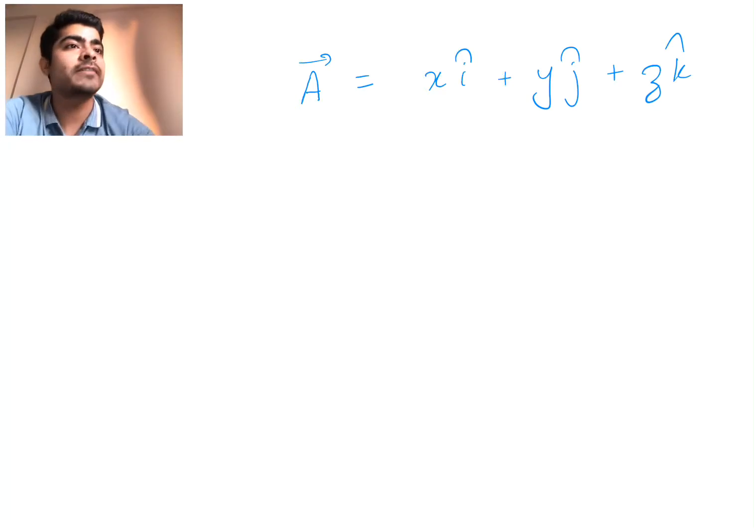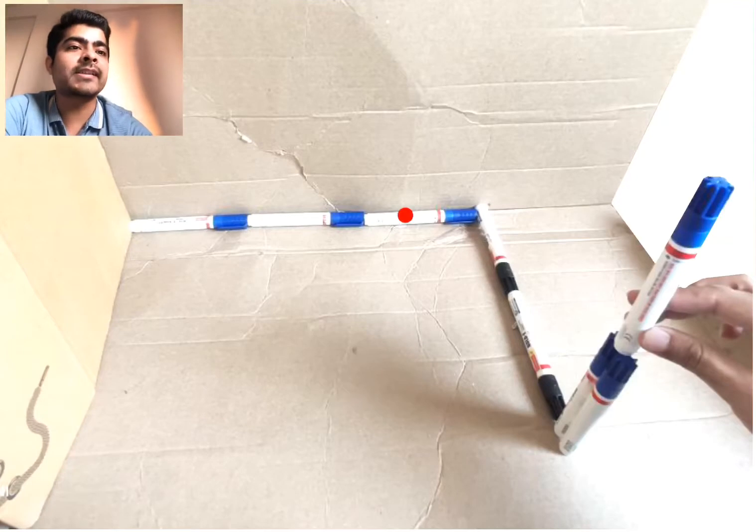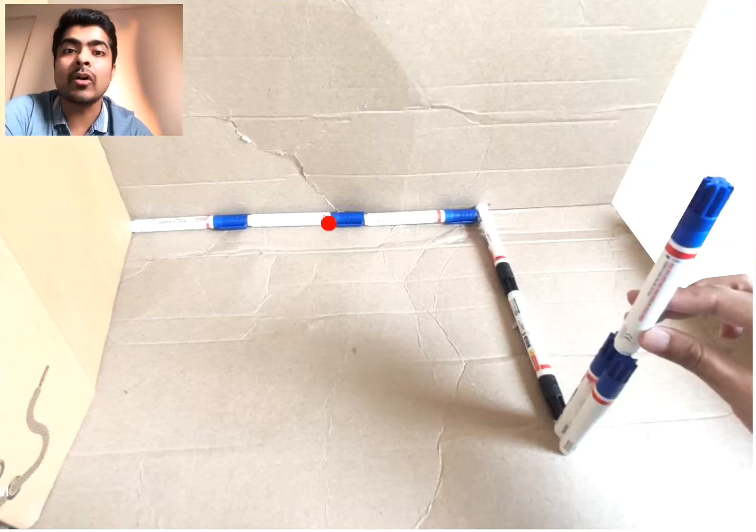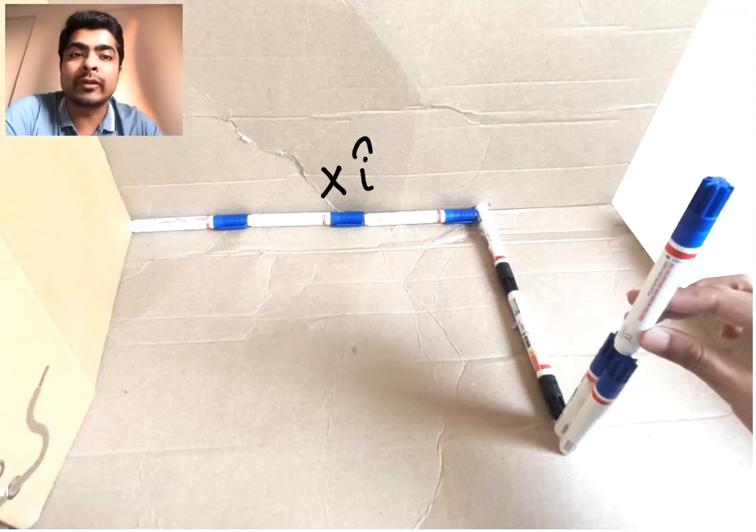So for that, let's come back to this example, where this is along the x-axis, this is along the z-axis, and this is the vector along the y-axis. So I could easily write down that this length along the x-axis will be x i cap, or its magnitude will be equal to x.